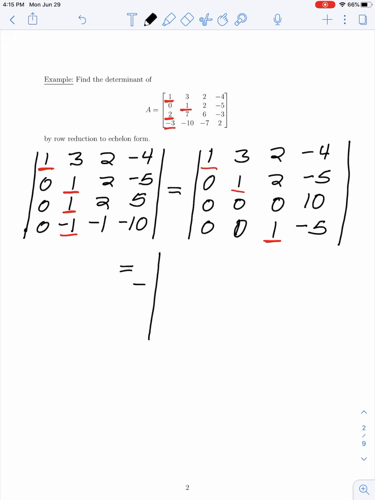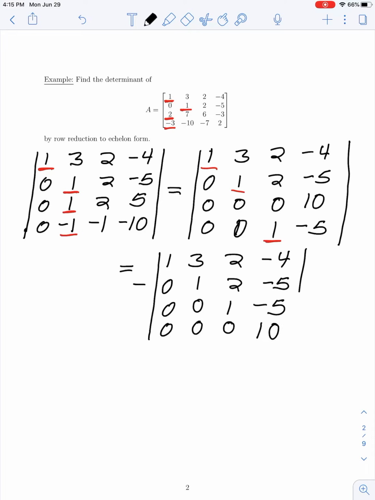So this is then the negative of the determinant of our matrix, 1, 3, 2, negative 4, 0, 1, 2, negative 5, 0, 0, 1, negative 5, and 0, 0, 0, 10.